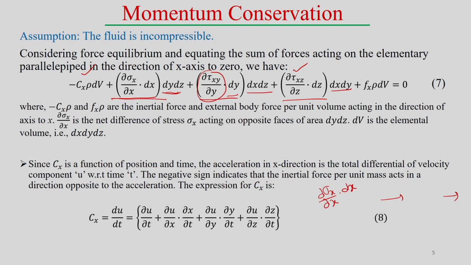Basically rho is the mass per unit volume, and when you multiply by the volume, it becomes mass. So this is the inertial force Cx into rho, and Fx into rho is basically any kind of external body force per unit volume. When you multiply by the volume, it represents the forces, the external body forces.